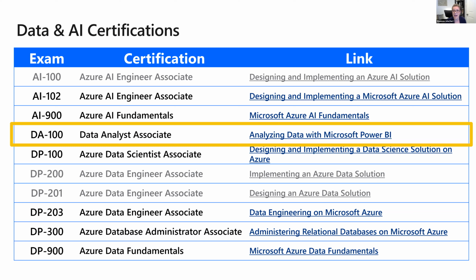Many of you may have noticed in the past that there were two exams. One was essentially Power Query and Power Pivot in Excel, and then the second exam was Power BI. In this iteration, the data analyst certification is focused solely on Power BI.